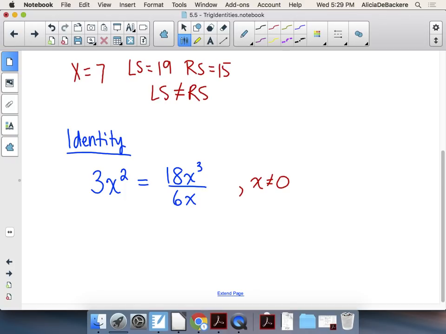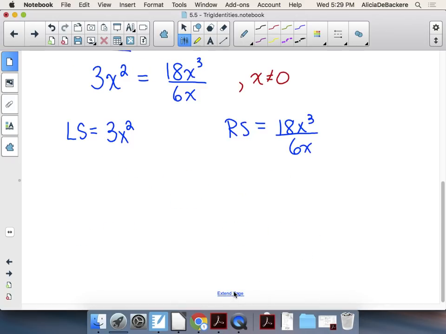You would have to change the left side or the right side so that it looked like the other thing. Our left side is 3x squared, and our right side is 18x cubed over 6x. I can't plug in a number and just show that it works for that number, so it must always work. I actually have to change how one of the sides looks, or sometimes I have to change both.